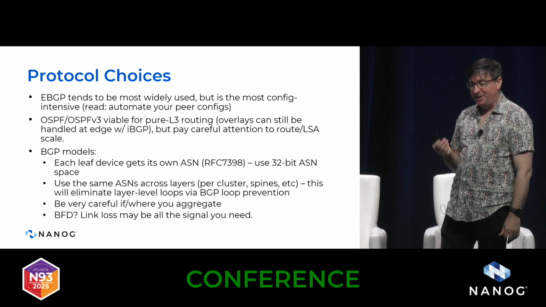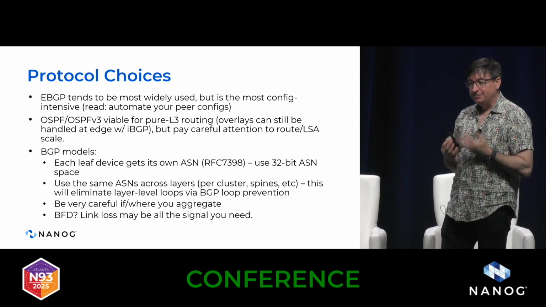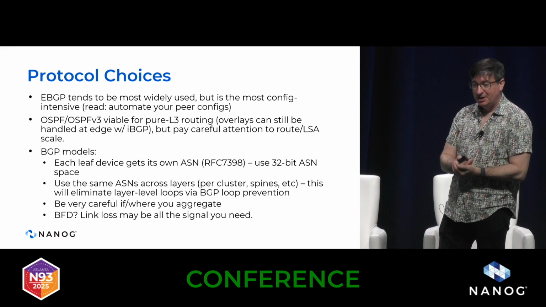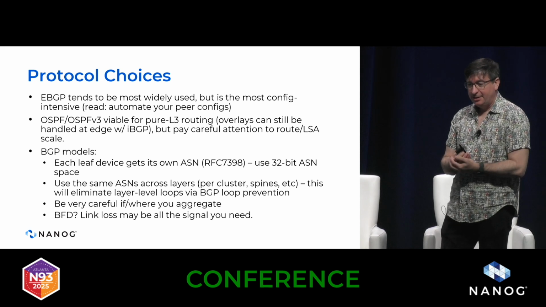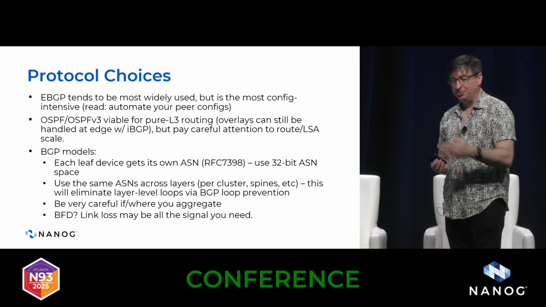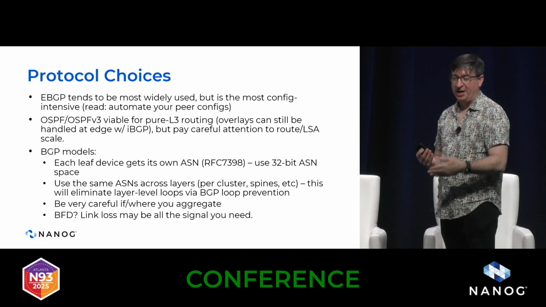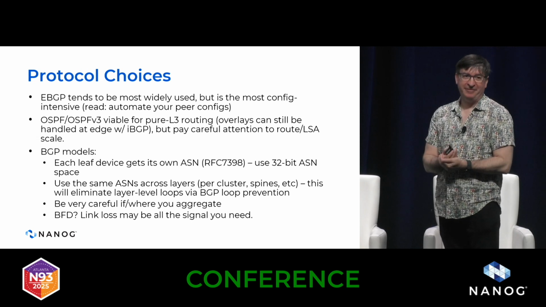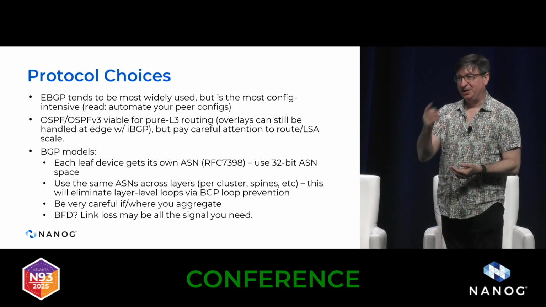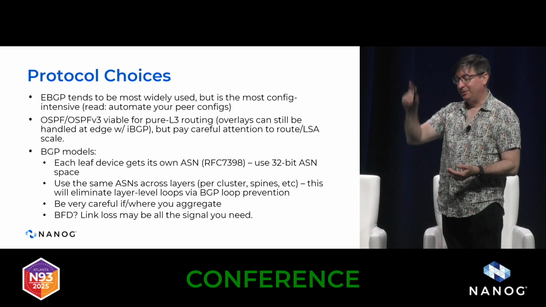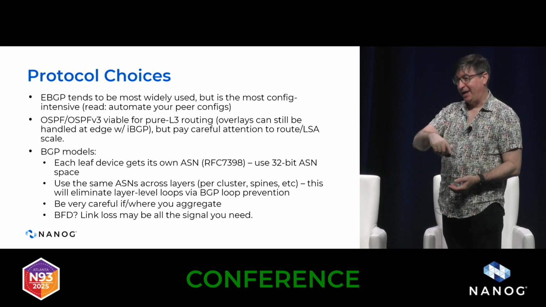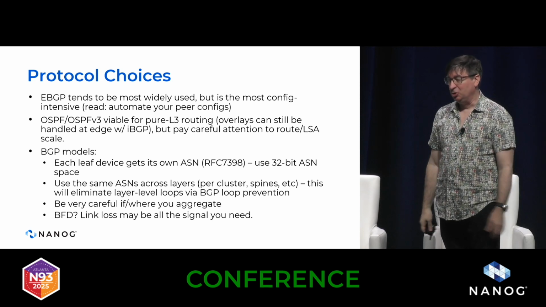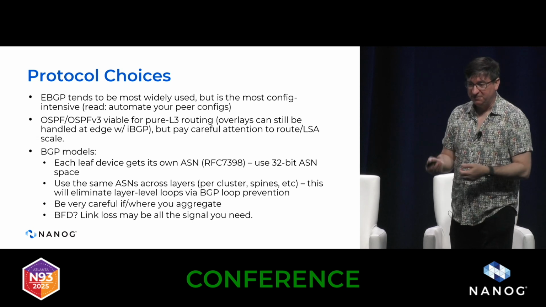A little bit about BGP models that I want to talk about. You want to assign unique ASNs to your leaves so that each rack has a unique ASN. However, your individual clusters and your superspines should all be numbered out of the same ASN. Why? This gives you free loop prevention. You won't have routes bouncing between spine A, leaf, spine B, or spine A, superspine, spine B. The loop prevention inherent in BGP will give you that benefit.